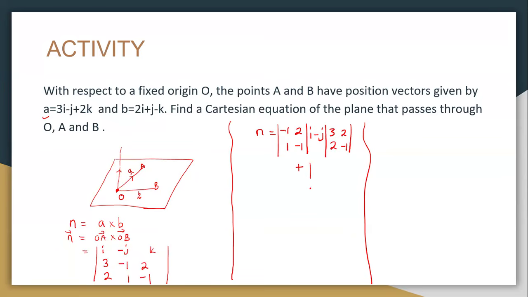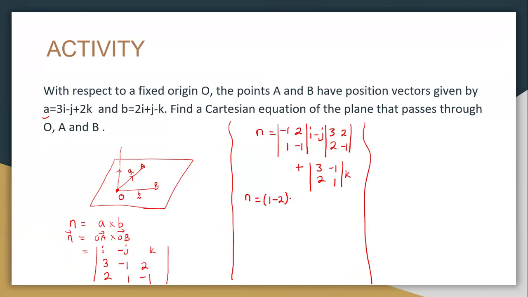And in the k we shall have 3, -1, 2, 1. Then we shall have, because -1 times -1 is 1, then -1 is -1.